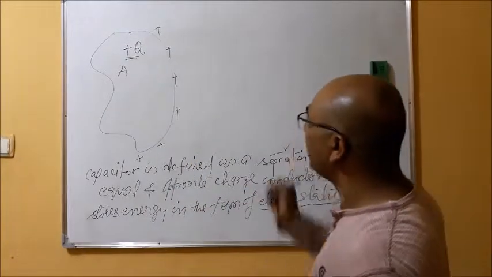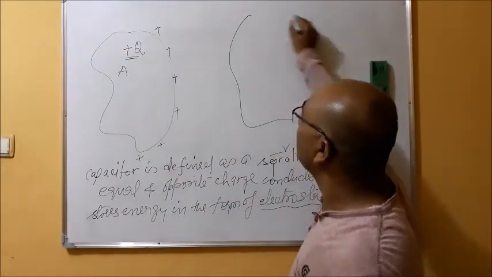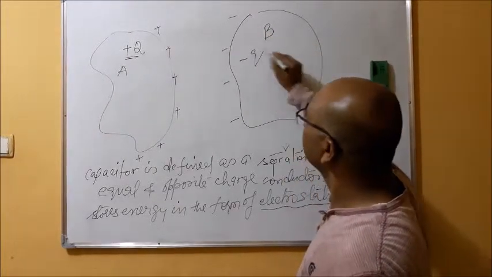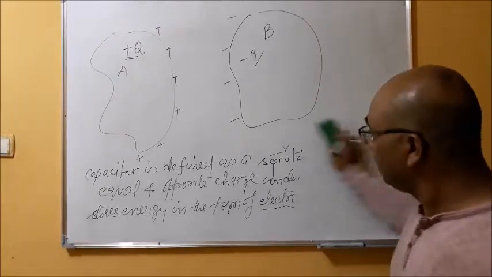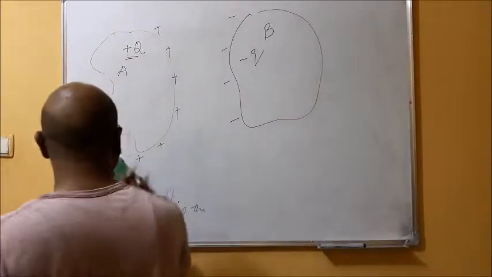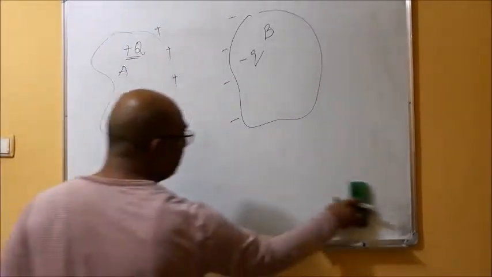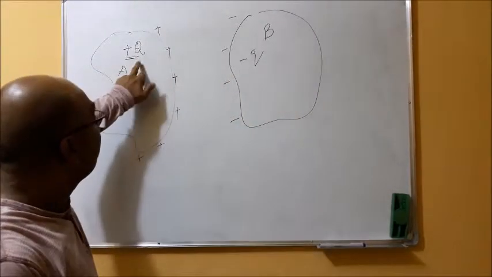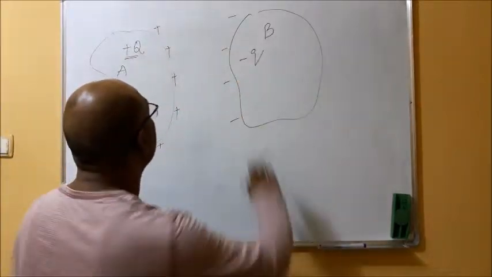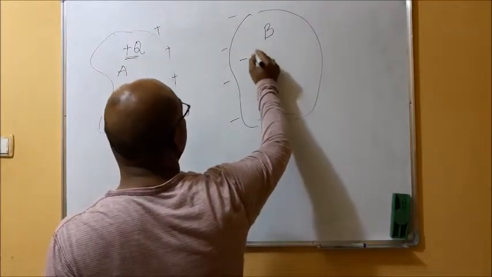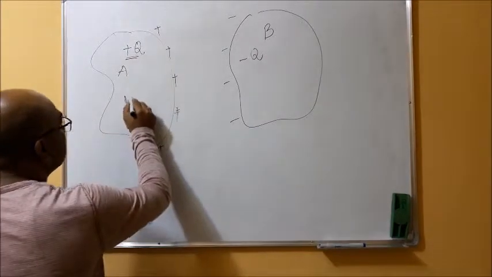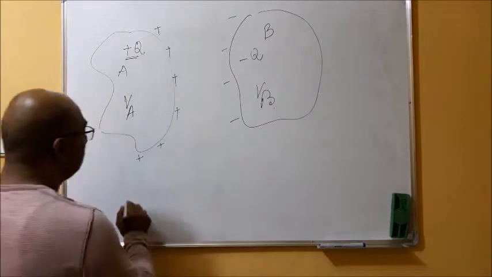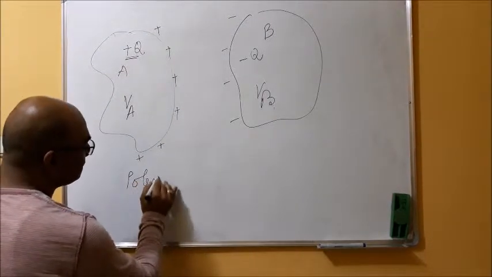Now see, if again I am drawing this, for the surface A or metal A, and this is metal B, having charge plus Q, and this having charge equal and opposite minus Q. Here suppose the voltage is VA, here the voltage is VB. So what is the value of the potential difference?